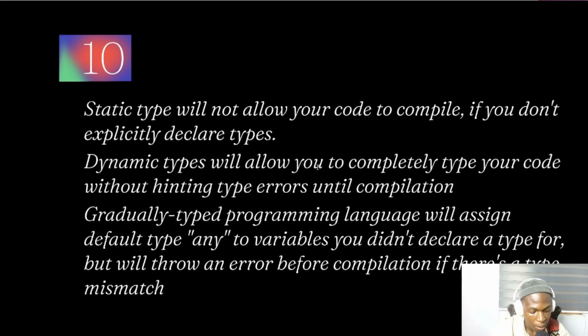So the moment you're running your code and as your compiler is going through your code to execute it, when it finds any type error, it returns to tell you that there's a data type mismatch. But for gradually typed programming, you don't have to declare what the type of your variable is, but it checks for data type errors before you compile the entire code.